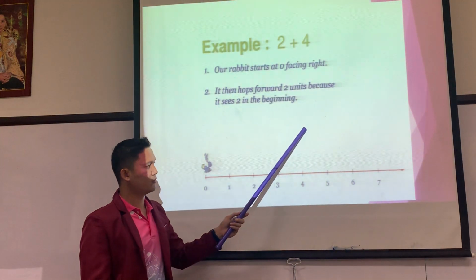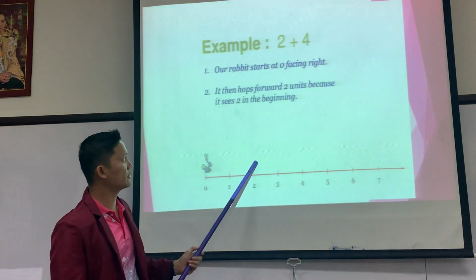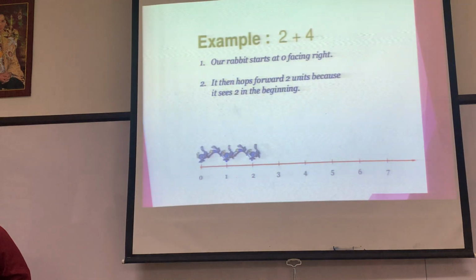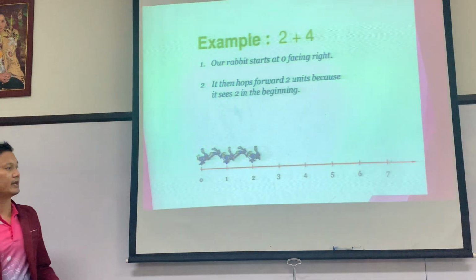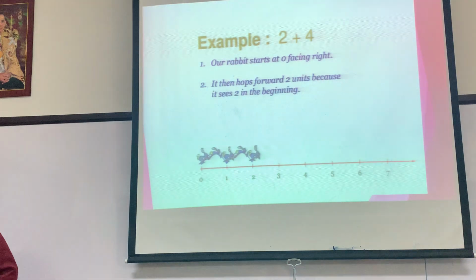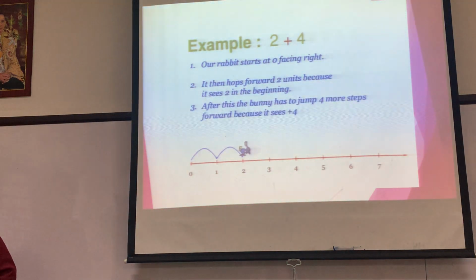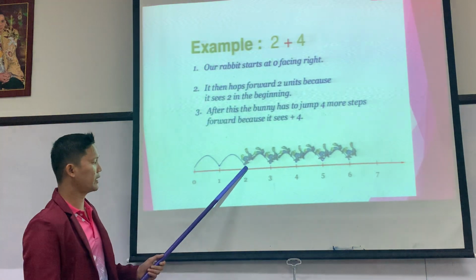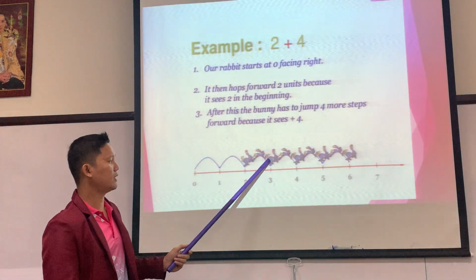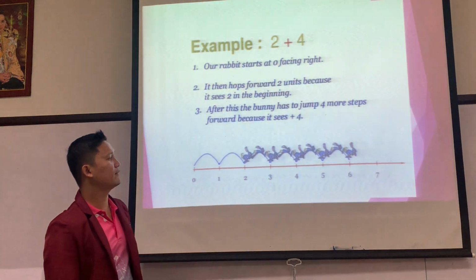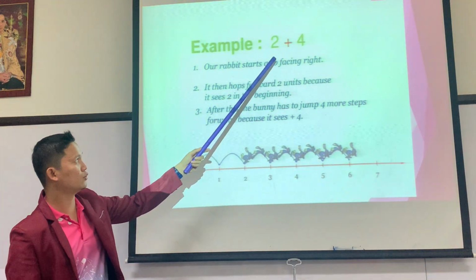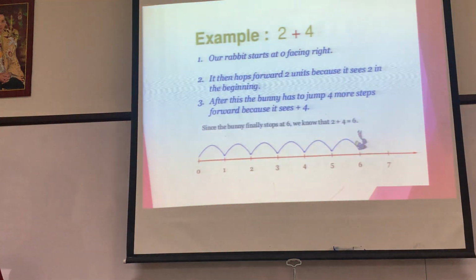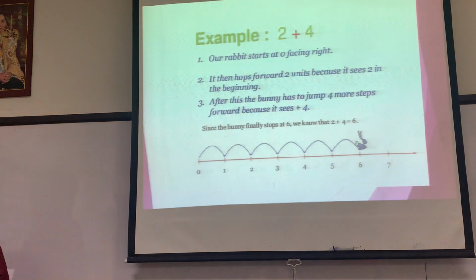How much will it be? 2 plus 4 will jump to number 6. Then the rabbit from 2 counts 1, 2, 3, 4, until 5, 6. So 2 plus 4 equals 6.